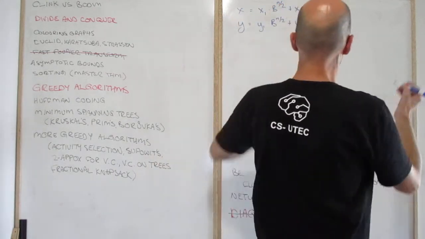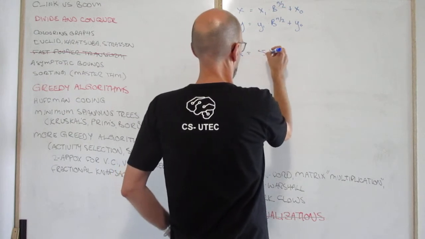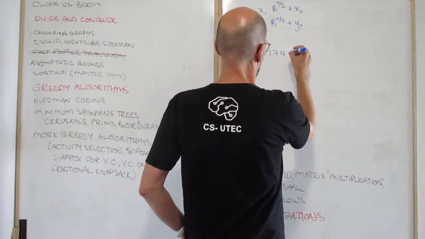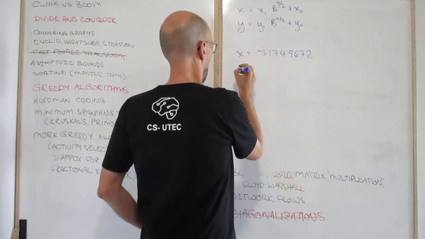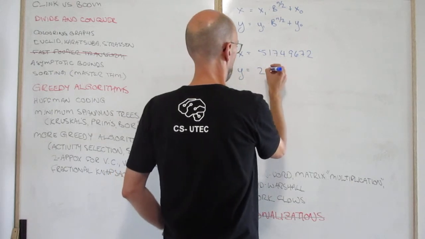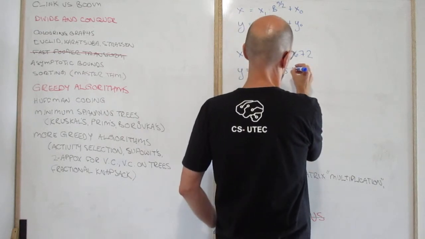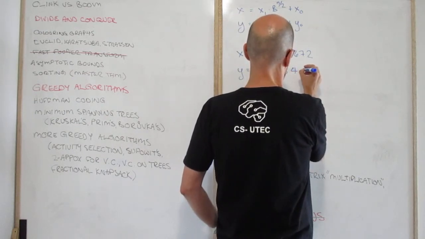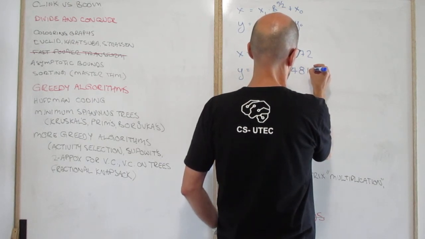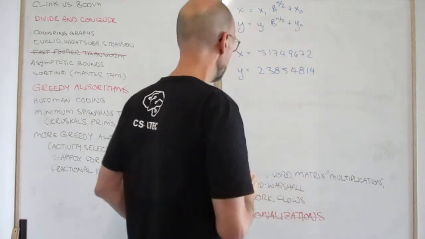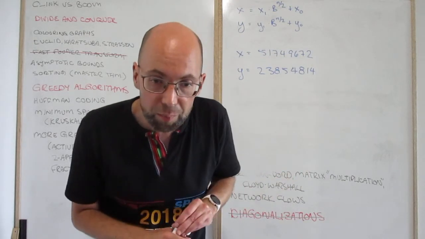So if x equals 5, 1, 7, 4, 9, 6, 7, 2, and y equals 2, 3, 8, 5, 4, 4, and 8, 1, 4, right? The base, okay, if the base is 10, what would come next?